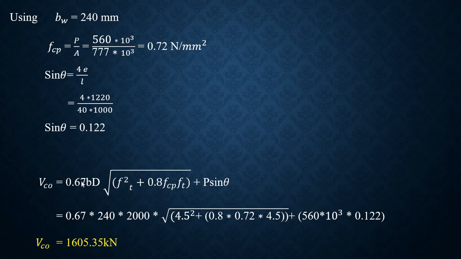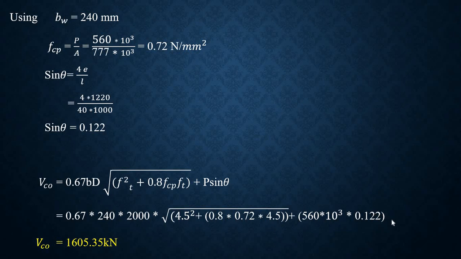So get back to the formula, substitute all the terms. About the b, be careful, we should substitute the width of the web. So 0.67 into 240 into 2000 into whole root of ft square, in the question itself they have given the ft value, so ft is 4.5 square, plus 0.8 into fcp is 0.72 into 4.5 as ft value, plus P value is 560 into 10 power 3 into sin theta is 0.122.